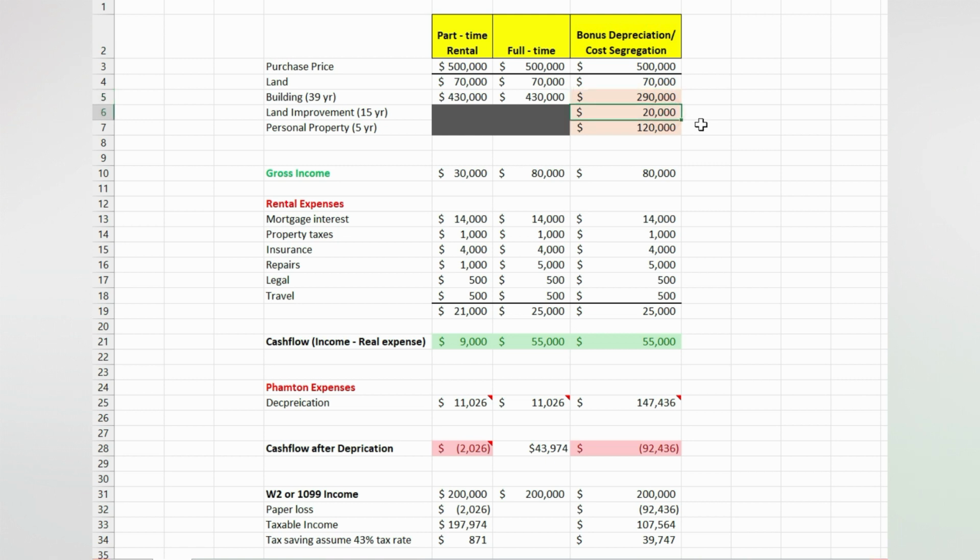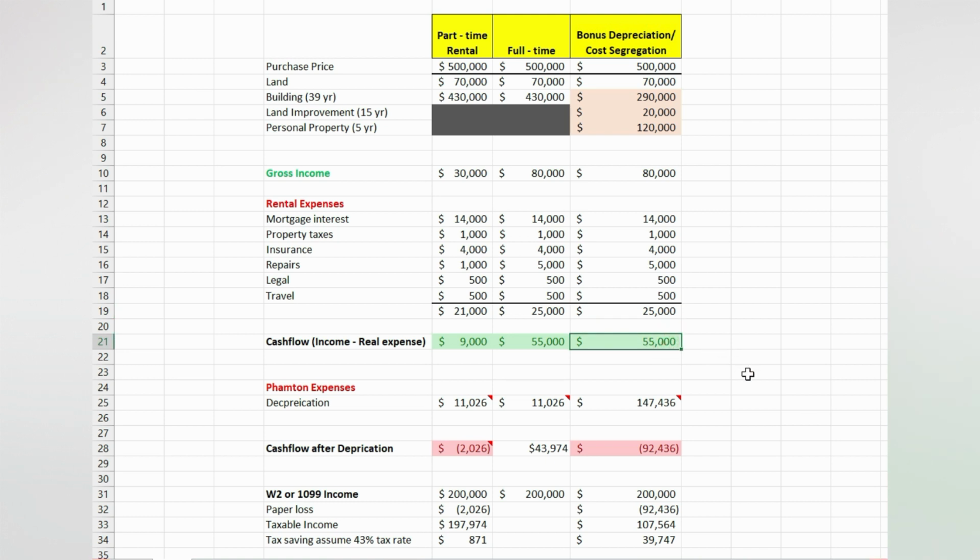And the personal property, which is a 5-year acceleration rate, is $120,000. Okay. This short-term investor has rented out their property full time, so their gross income again is $80,000. Rental expenses, the same as in the prior scenario, which is $25,000. And from there, the cash flow of income minus rental expenses is $55,000.